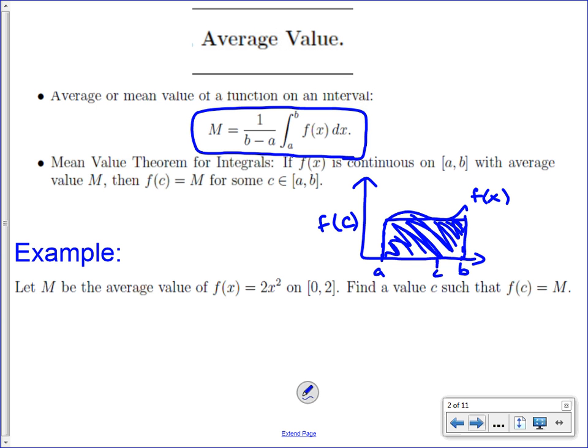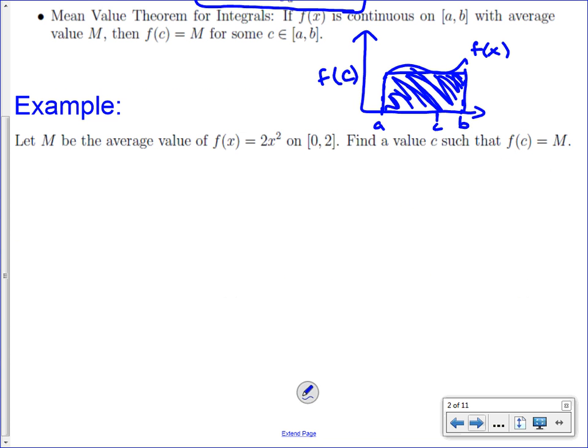All right. Here's an example. Let m be the average value of f of x equals 2x squared on the interval 0 to 2. Find a value c such that f of c is equal to m. Okay, so we're going to start by finding the average value. So it's going to be 1 over b minus a, which is 2 minus 0, times the definite integral from 0 to 2 of 2x squared dx.